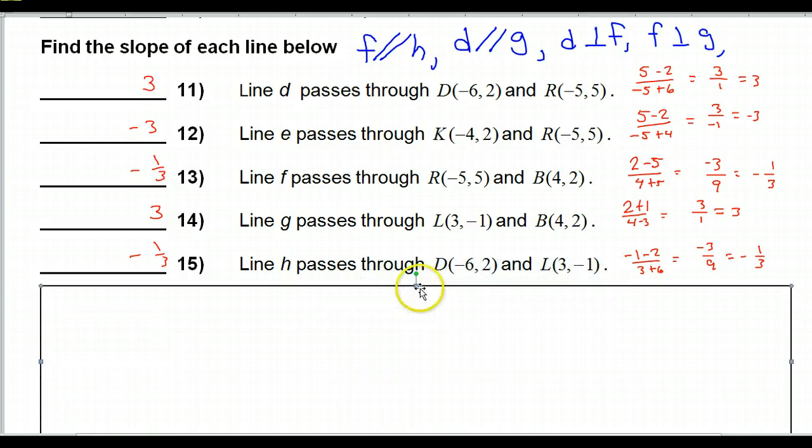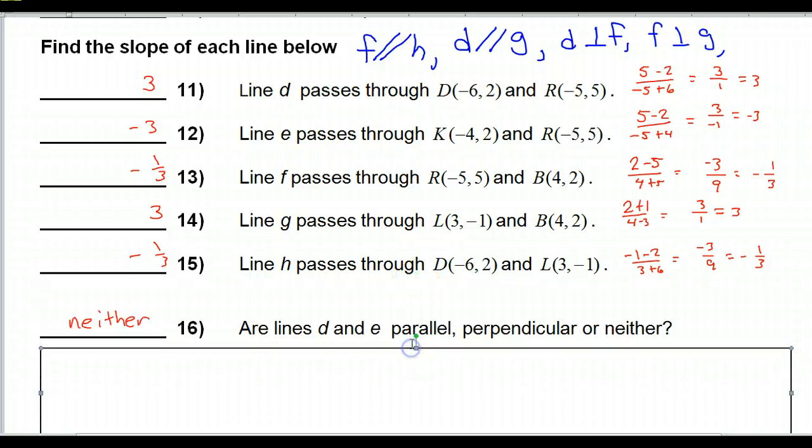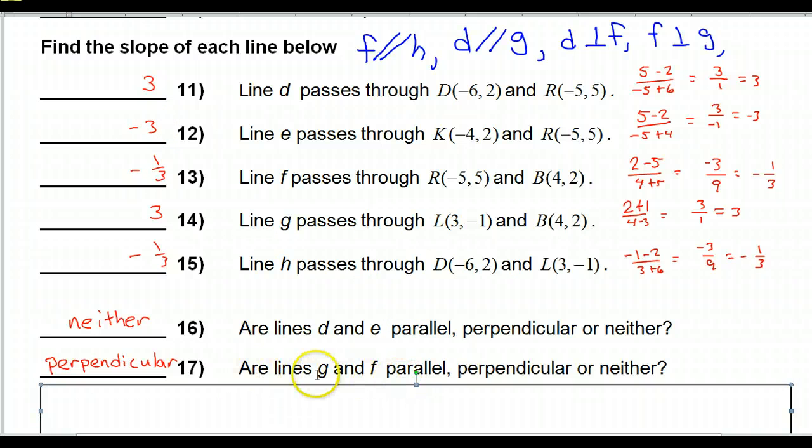Looking at number 16, D and E, are they parallel, perpendicular, or neither? Well, D and E, that's neither. They're not the same, and they're not reciprocal, so that's neither. What about number 17?